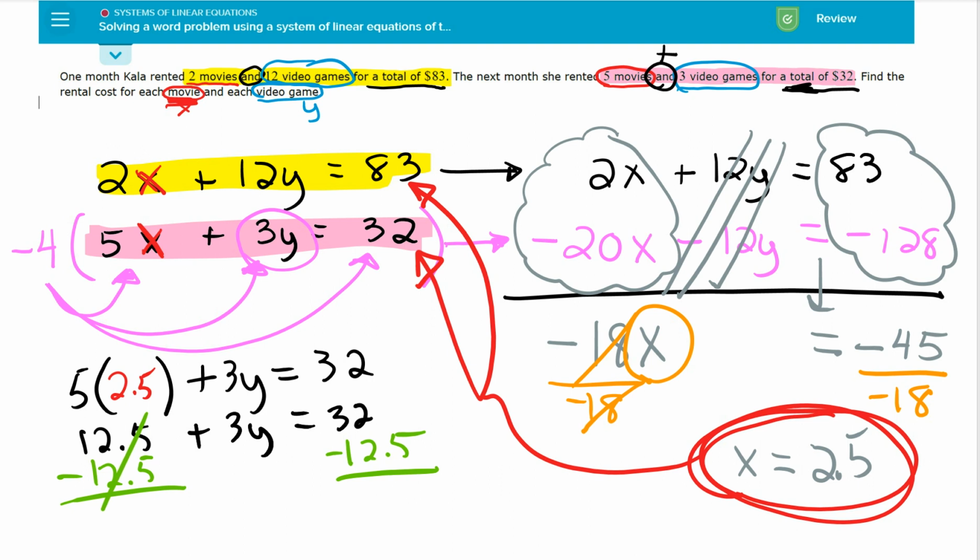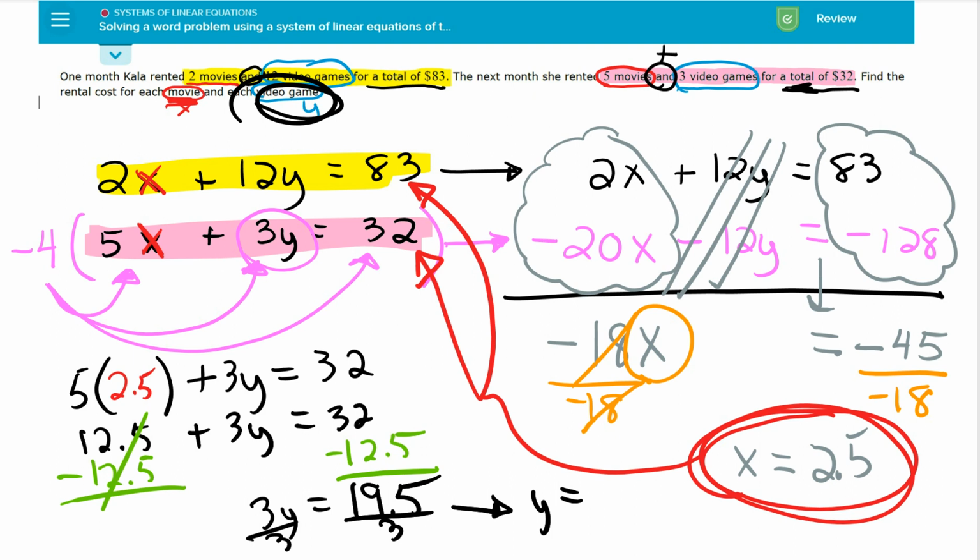So that cancels. I get 3y is equal to 19.5. And then I'm going to divide by 3. So y, which is the video games, is going to equal 6.5.